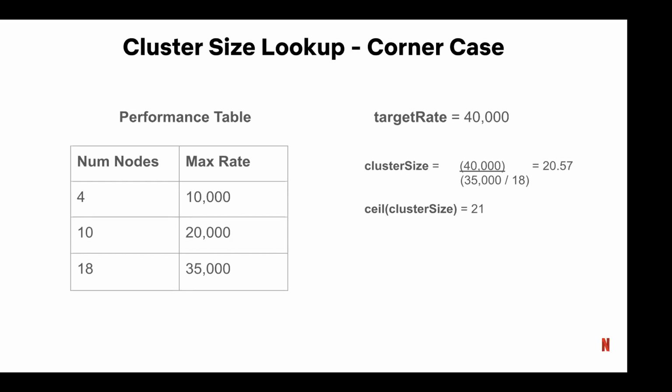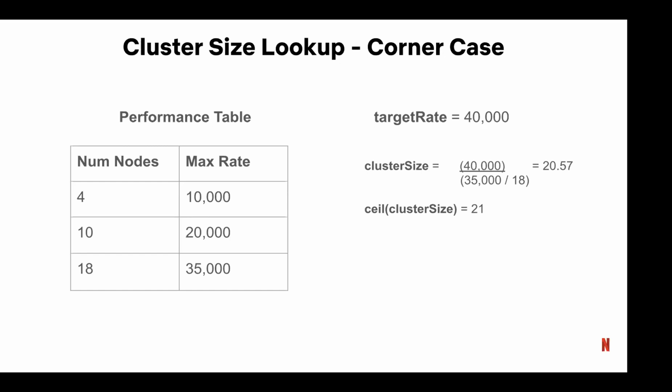Here's an example where the target event rate is 40,000, which is larger than the largest entry in our performance table. In this case, we can compute the desired cluster size by taking the largest entry in the performance table, which is 35,000, and computing the per node throughput, which is 35,000 divided by 18.